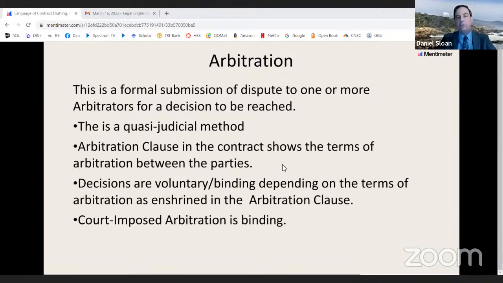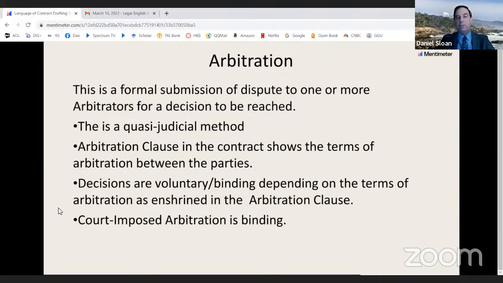An arbitration clause in the contract shows the terms of arbitration between the parties. That's a lot of what's been done in America or in California. In a lot of agreements, it becomes a boilerplate clause for companies to turn to arbitration as a mandatory part of that contract.